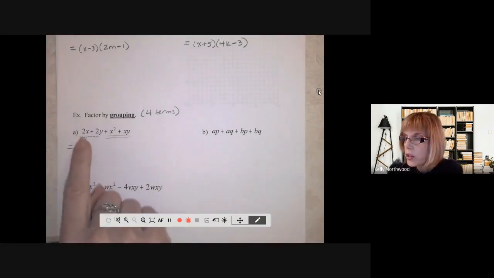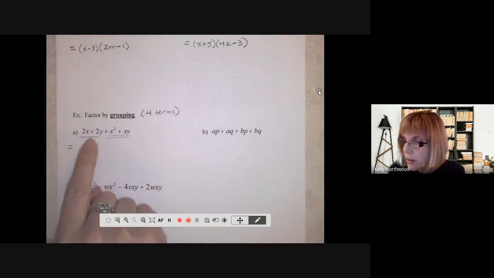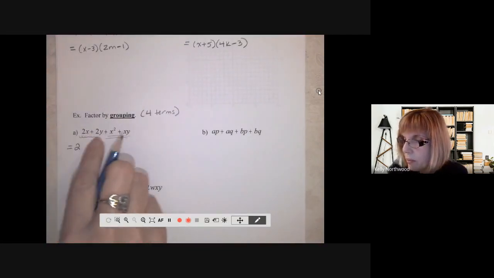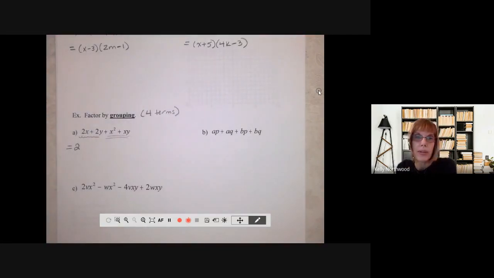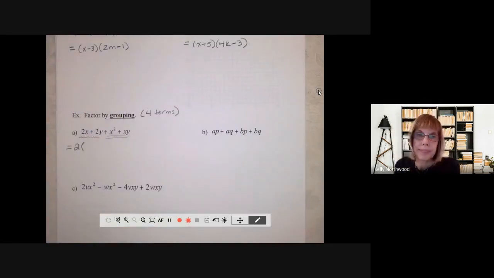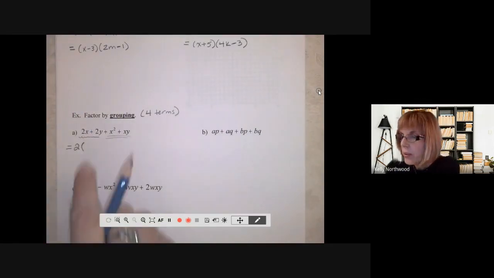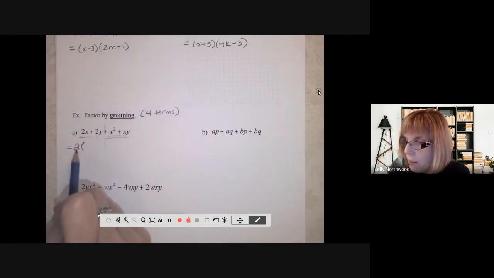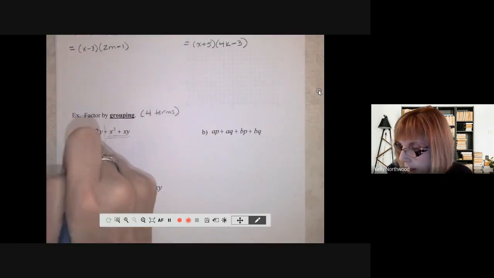Okay, so if I look at just what's in common with just the first 2 terms, hopefully you can see that 2 is in common with just the first 2 terms. So if you just common factor the first 2 terms for now, what do you multiply 2 by to get 2x?